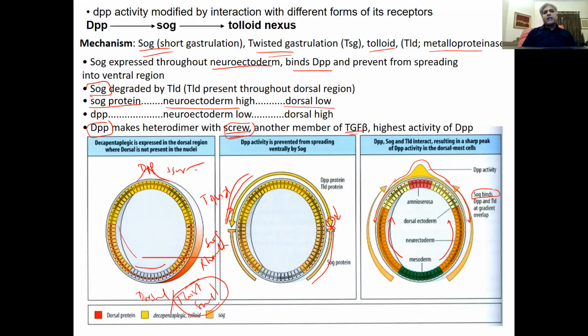Here, when rhomboid is there and other genes which respond to low concentration of dorsal, the fate of these cells is established differently. As I told you, they are going to contribute to neuroblast cells, etc. These mesodermal cells are going to invaginate because this is soon going to be followed by gastrulation. And similarly, there will be changes taking place on the dorsal side as well.